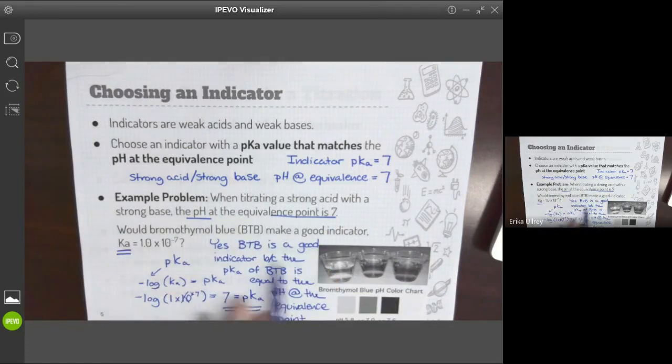Okay, so yes, BTB is a good indicator because the pKa of BTB is equal to the pH at the equivalence point.